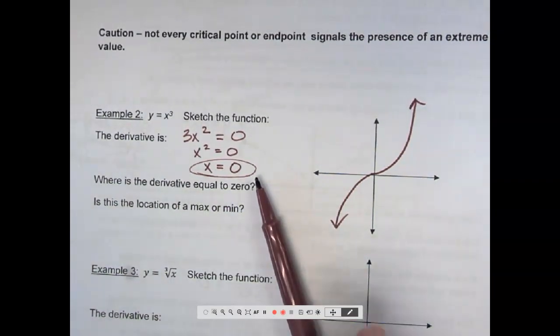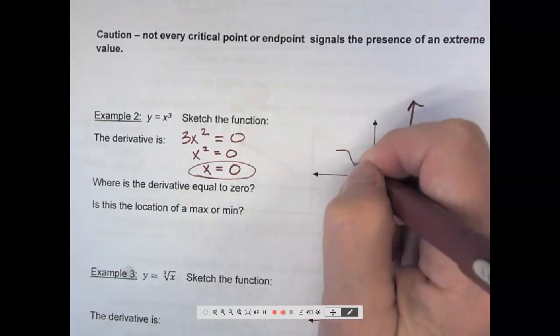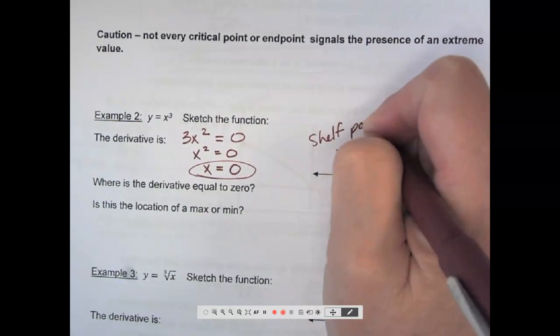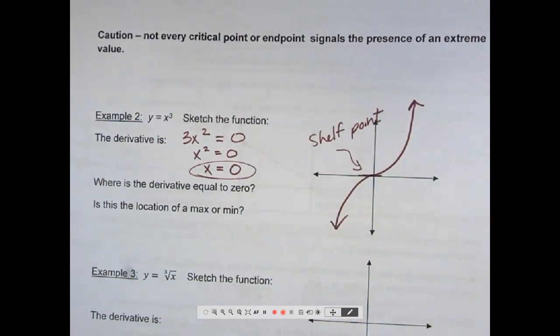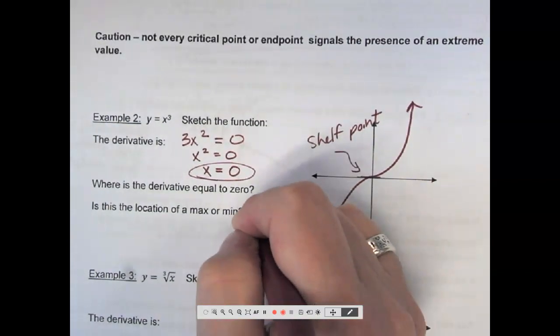There's actually a name we use for this point. It's called a shelf point. Doesn't that kind of make sense? It's like temporarily it just pauses and sits there, and then it continues on. So was it a max or min? Neither.